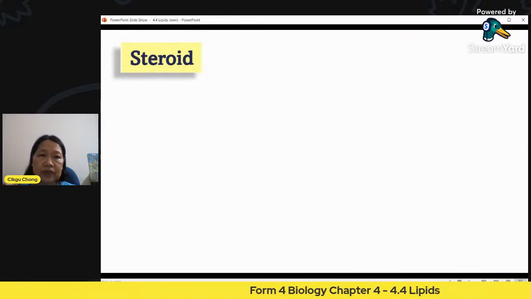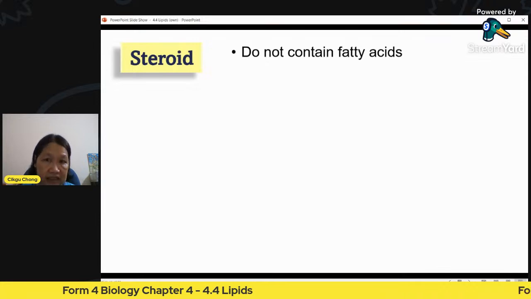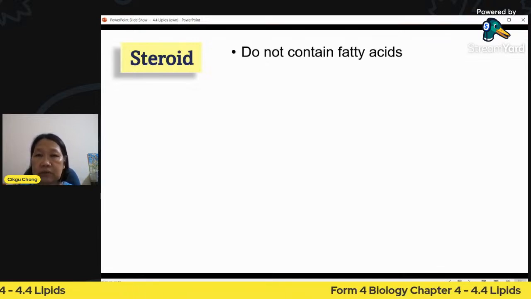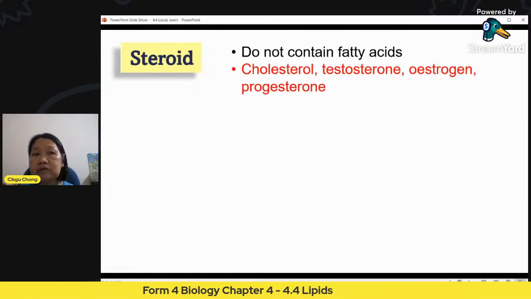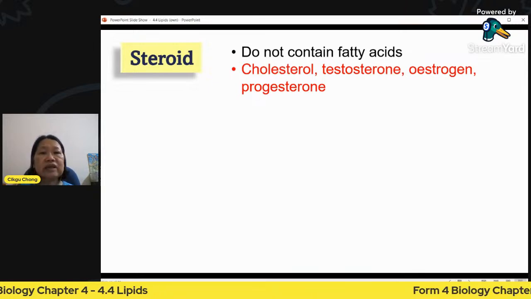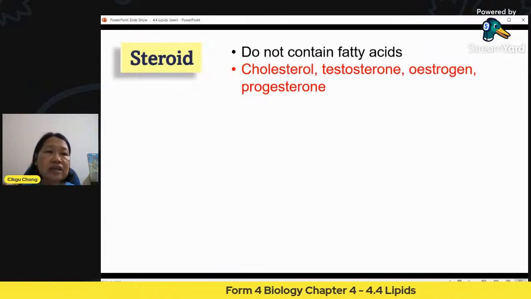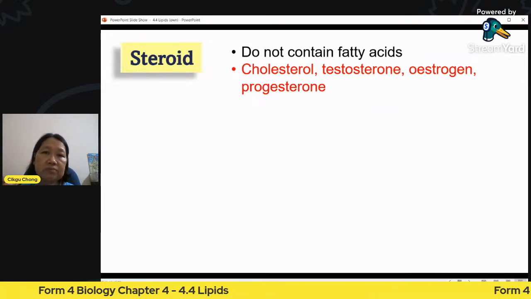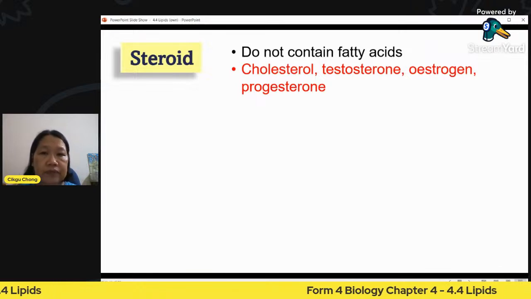Okay, steroids. Now, this molecule of steroid does not have fatty acid, but they are complex molecules. As I showed, the molecular structure of steroid is very complicated, right? And you need to give some examples of steroids. They are cholesterol, the one that is bad for your heart. It narrows your lumen, and the blood will not be able to go very smoothly in your arteries and so on.